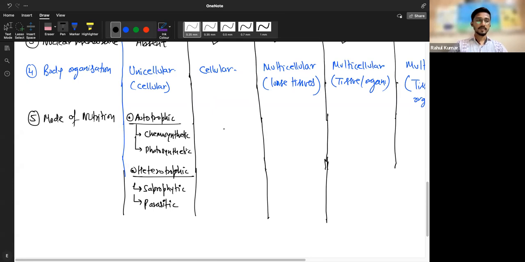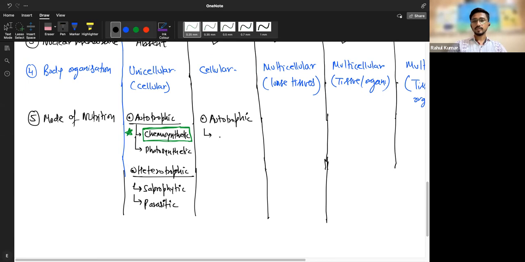If we come to Protista, Protista can also be autotrophic. And if they are autotrophic, they are mainly autotrophic through photosynthesis. They cannot do chemosynthesis. In fact, every one of you should pay attention here. Chemosynthetic is a characteristic feature of Monera only. Only bacteria can directly take up chemicals.